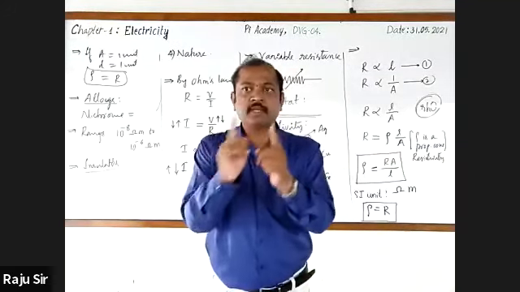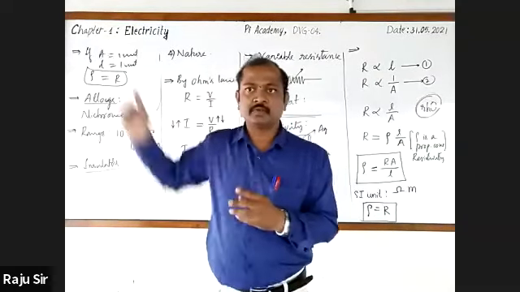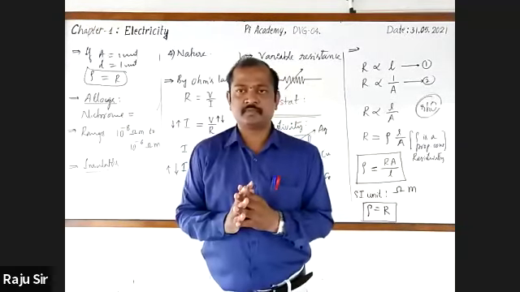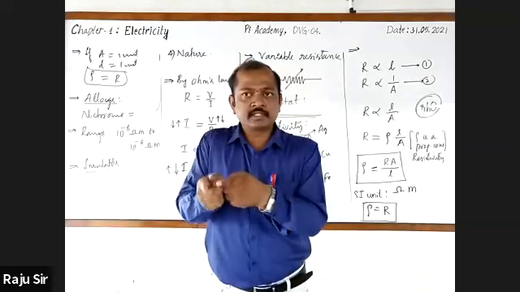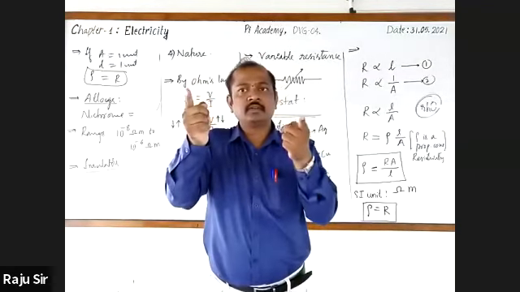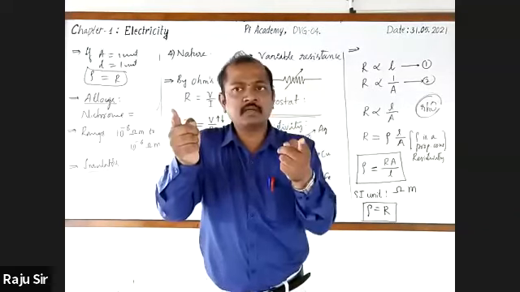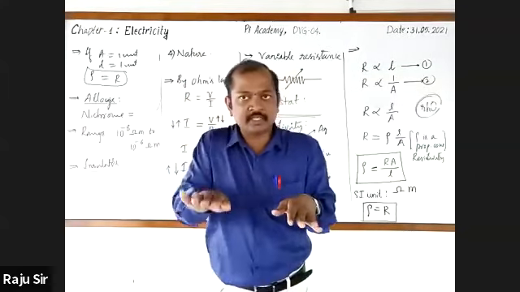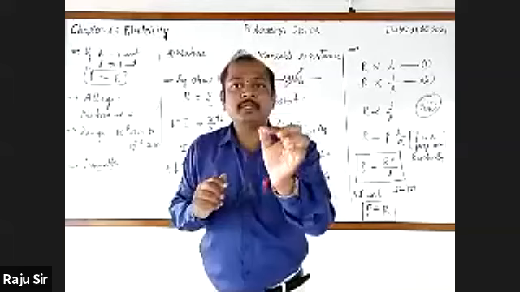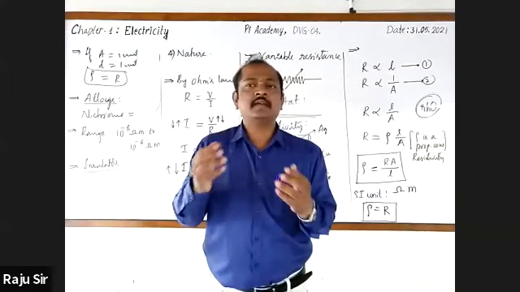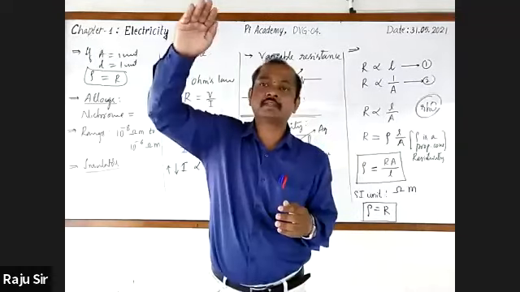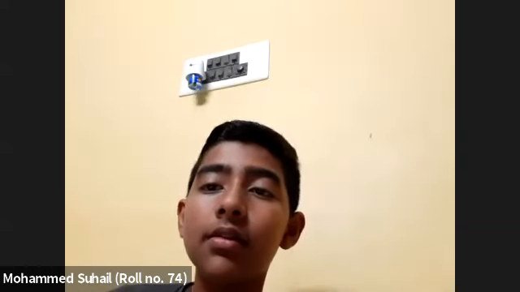Resistivity is nothing but electric resistance of unit length and unit area of cross section. As the resistance increases, current decreases. As resistance decreases, current increases. So what will be the current flowing in the conductor as the resistivity increases? Decreases.